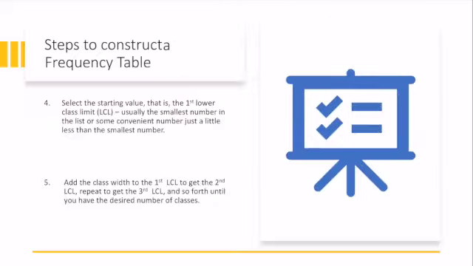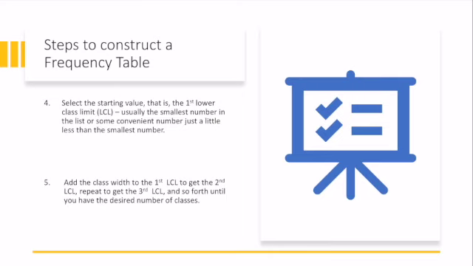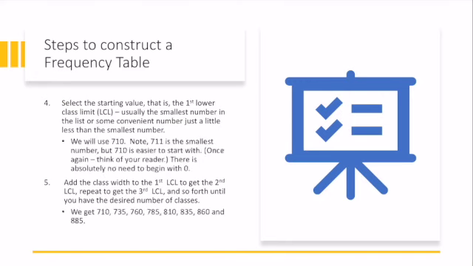So, fourth, we start by selecting our lowest value. That's the first number, our lower class limit, and that's the smallest number. And then we're going to add the class width to the first limit. Remember, our class width is 25, to get the second lower class limit, and repeat that to get the third, fourth, fifth, so on until we have our desired number of classes. So we're going to use 710.